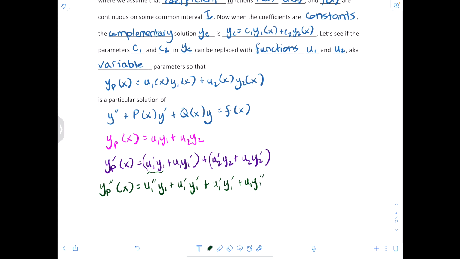u1 y1 double prime. And then on to that third term, we'll have plus u2 double prime y2, these are all product rules, plus u2 prime y2 prime, and then plus u2 prime y2 prime, plus u2 y2 double prime.